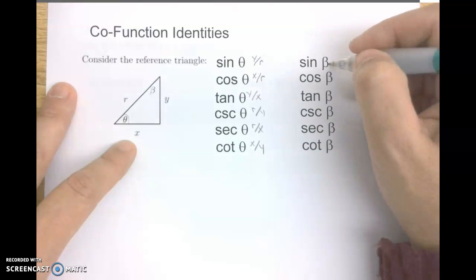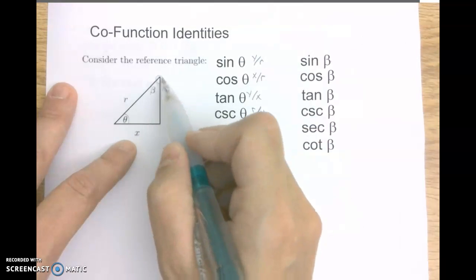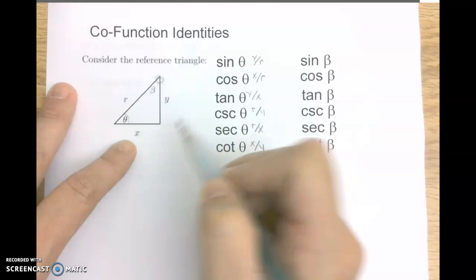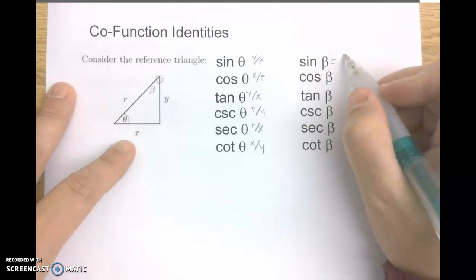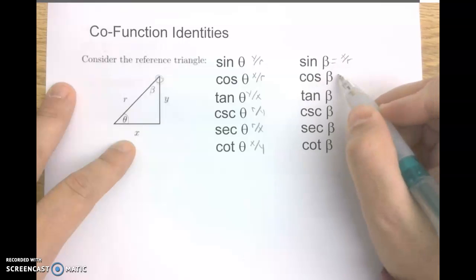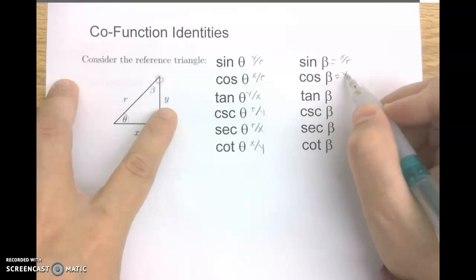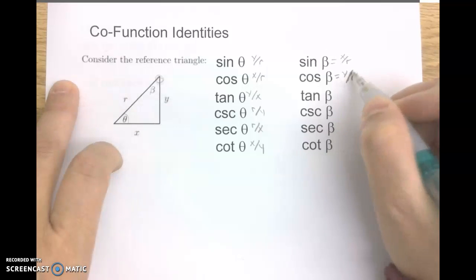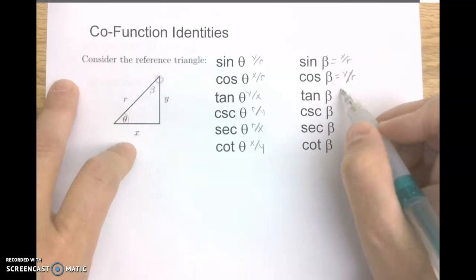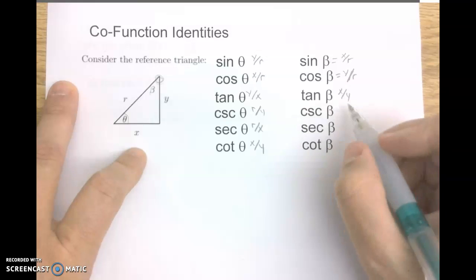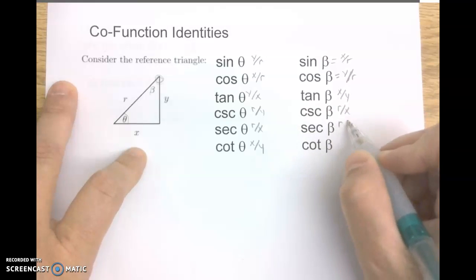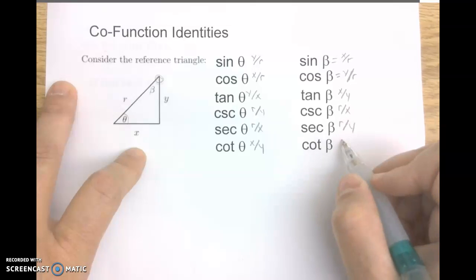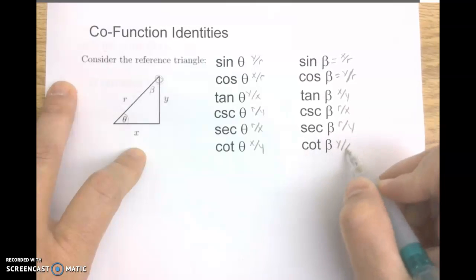And then for beta, we're now going to stand at beta and find all of those ratios as well. So the sine will be x over r, cosine will be y over r, tangent will be x over y, cosecant will be r over x, secant will be r over y, and cotangent will be y over x.